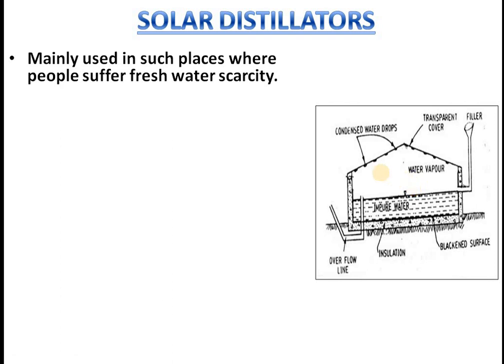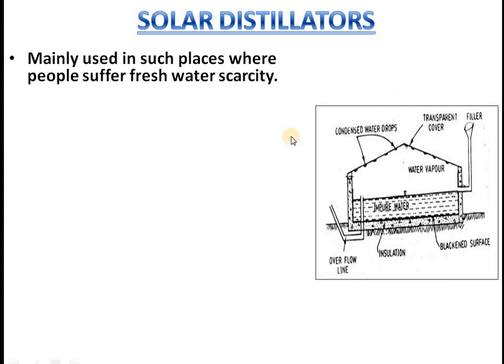It is getting into vapor form, and the vapor sticks onto the bottom surface of this roofing. Keep in mind that this roofing is of glass or high quality plastic. On evaporation, they stick on the surface where they get condensed. They convert into liquid again.